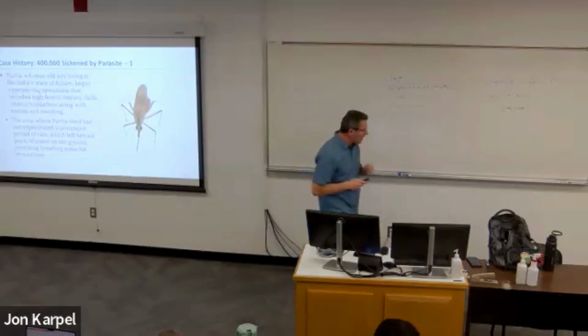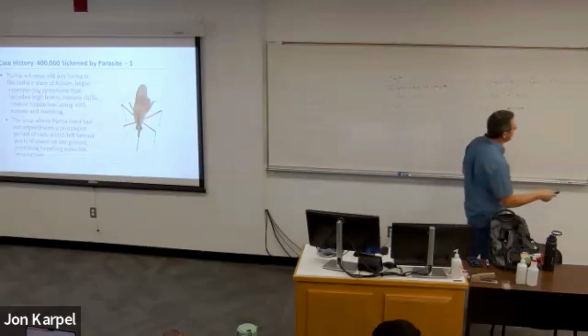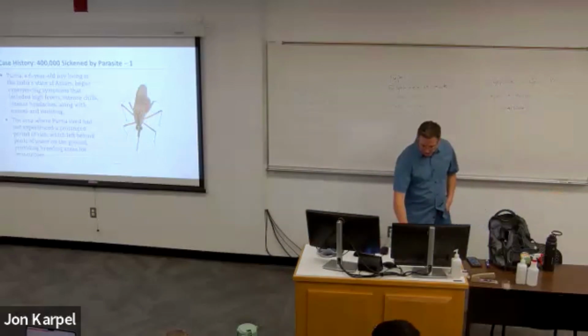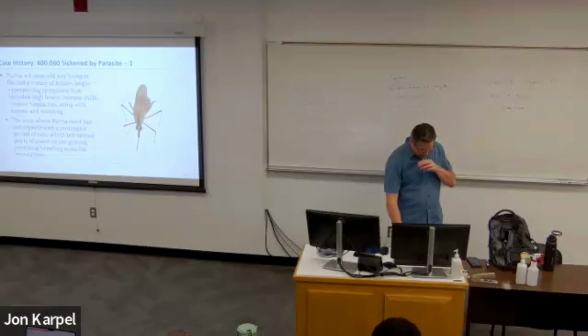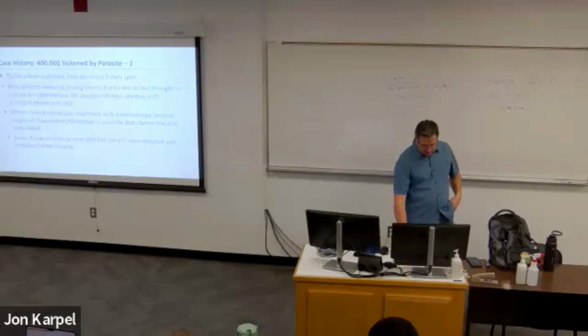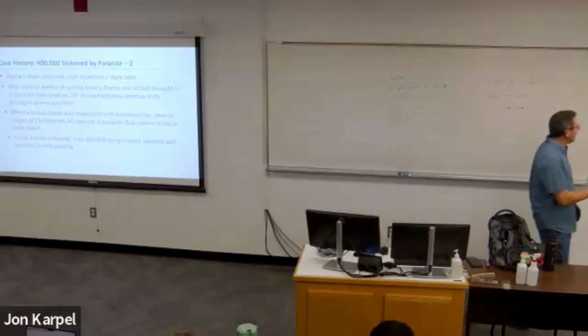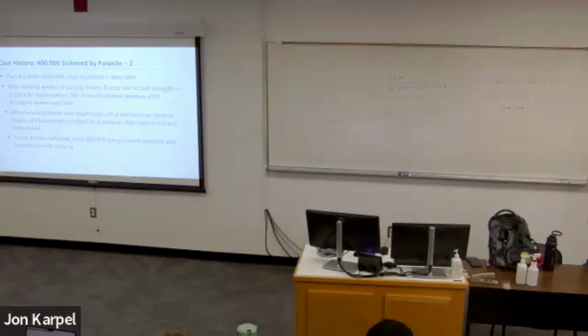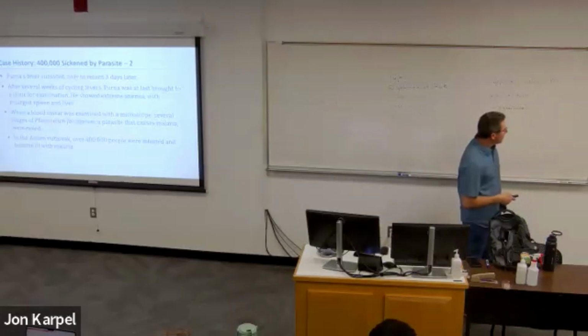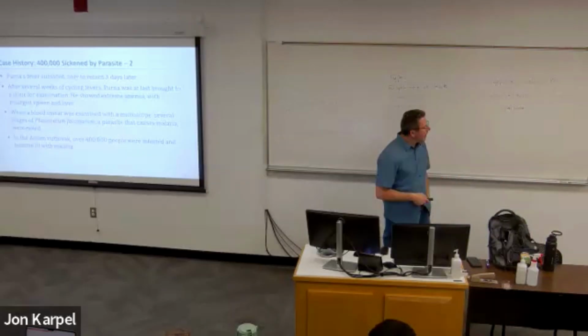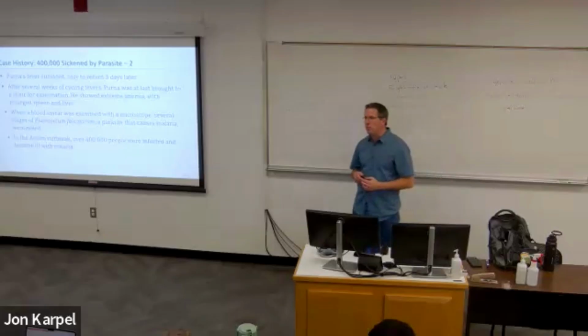Okay, let's talk a little bit about staining. Here's another case study. A young child gets sick, and I think this is in India, somewhere. They have a fever, cycling fevers, and they're very tired. What they find is an organism called Plasmodium in their blood.